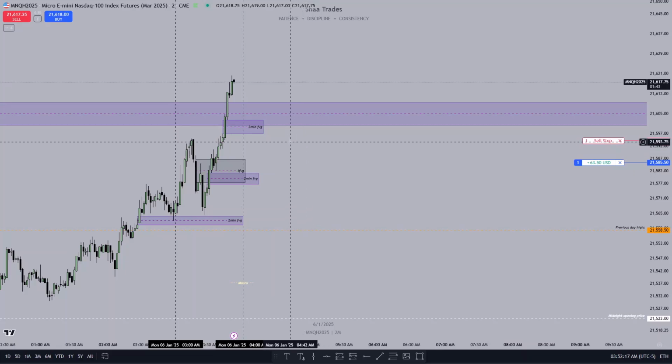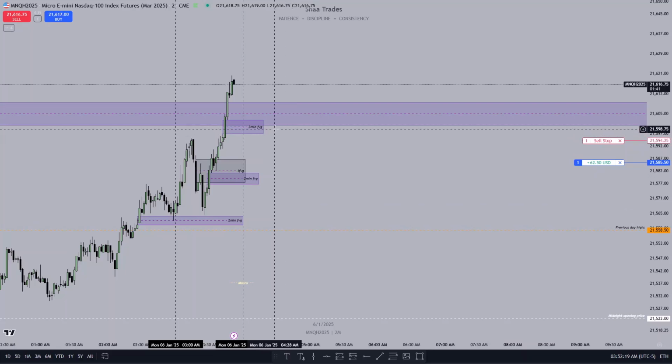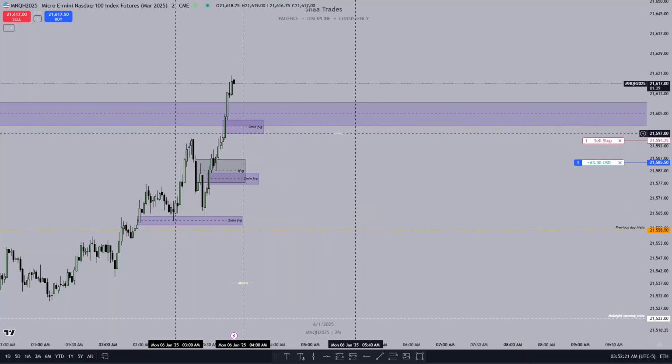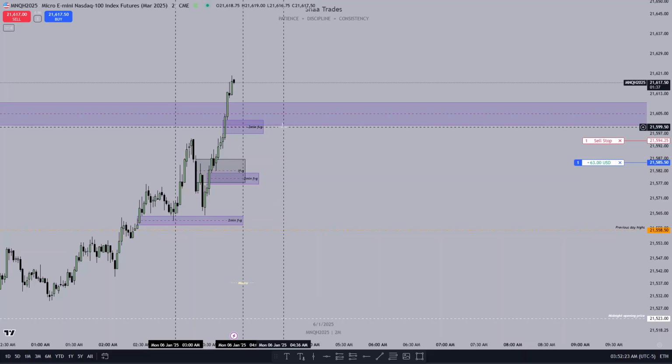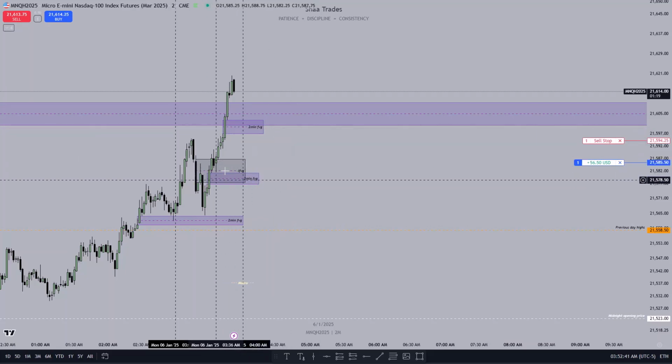I'll be fine if price comes back down here, because I already took off. So on the table, as I mentioned, I made back what I lost on that trade. I was looking for sells, realized I was wrong, and took a buy in this fair value gap here.